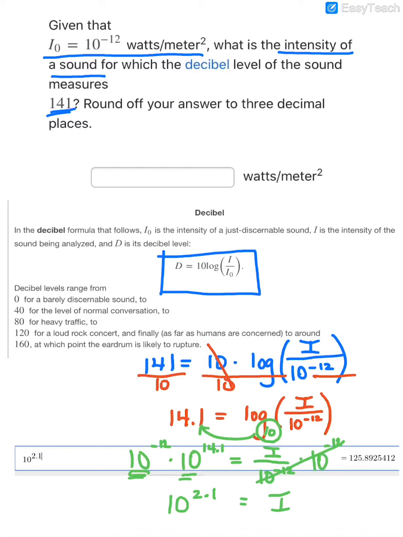So then I got on my Desmos calculator, typed in 10 to the power of 2.1, and noticed that gave me my intensity level, and they wanted 3 decimal places on this answer, so I would say that intensity level is 125. Point, the 5 here will tell the 2 to round up, so that would be a .893 for my final answer.